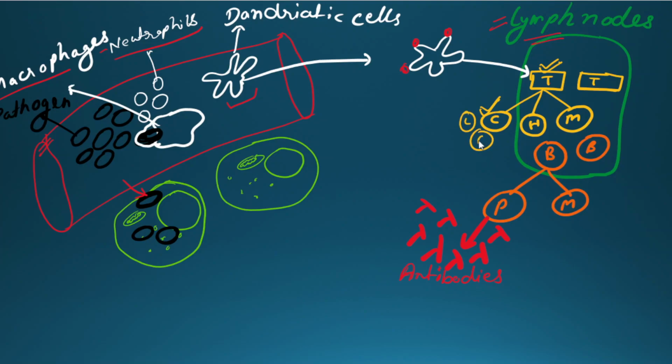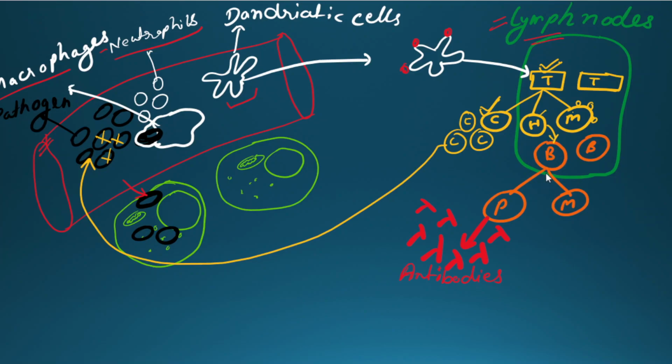It will create an army of cytotoxic cells that will attack the bacterial or viral cells in very eager mode and destroy them completely. Also, T cells produce the helper T cell, which activates the B lymphocytes, and memory cells will retain the memory of that particular antigen for the future infection.